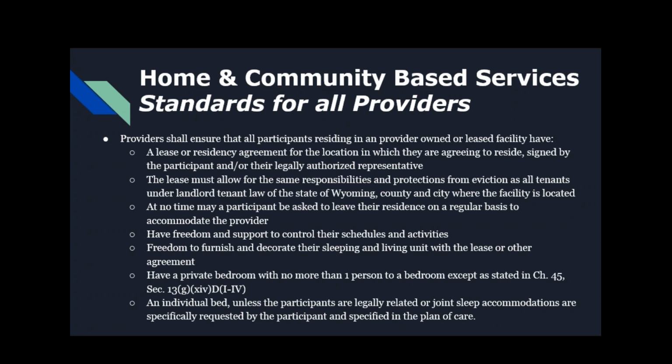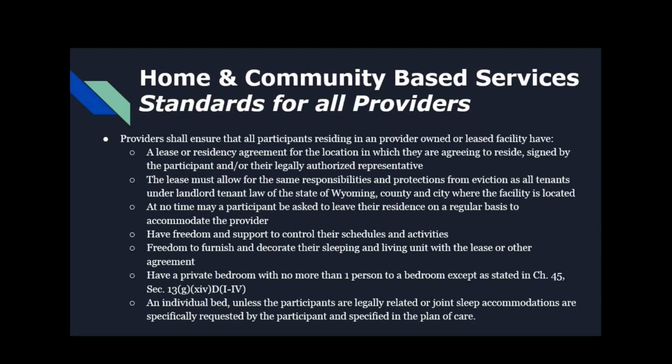At no time may a participant be asked to leave their residence on a regular basis to accommodate the provider. The participant must have freedom and support to control their schedules and their activities. They must have freedom to furnish and decorate their sleeping and living unit with the lease or other agreement.